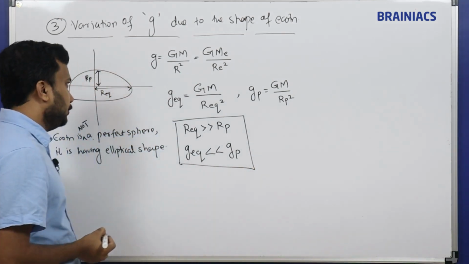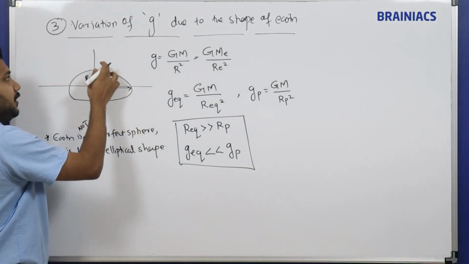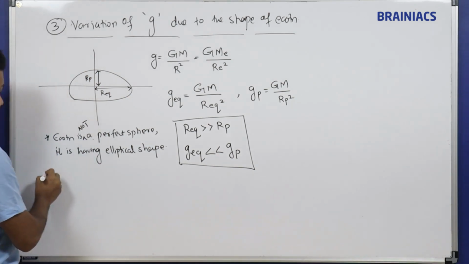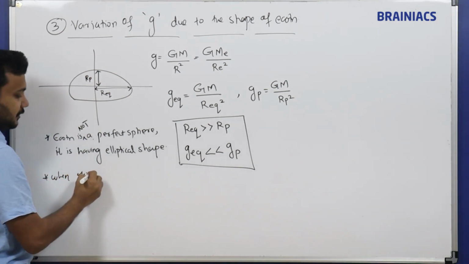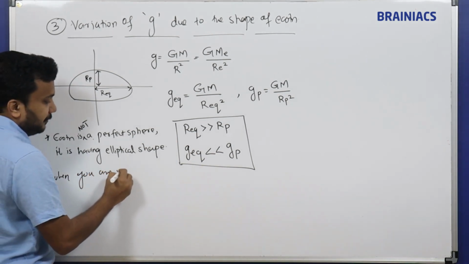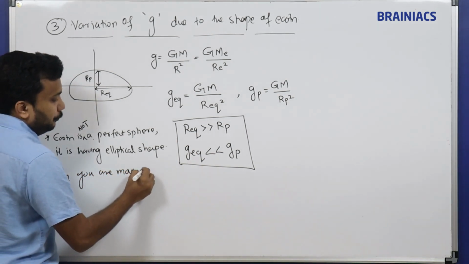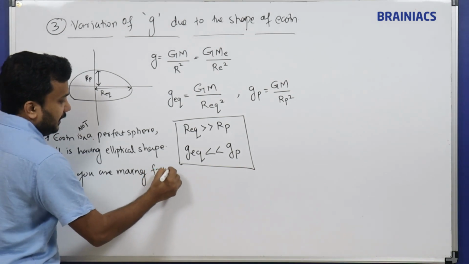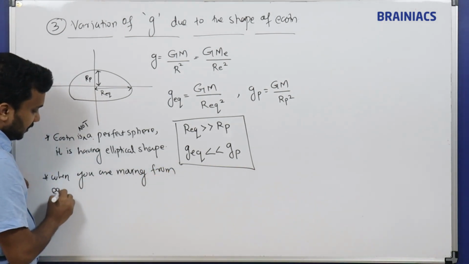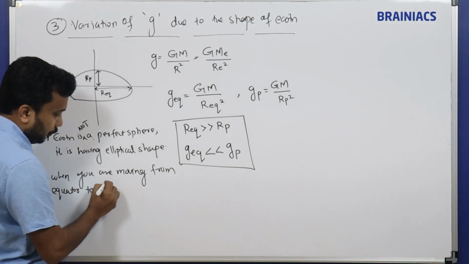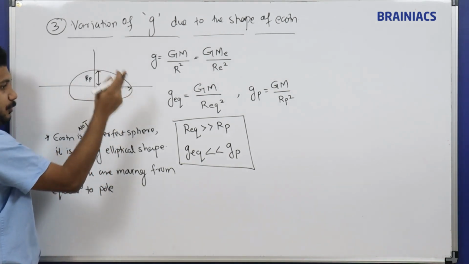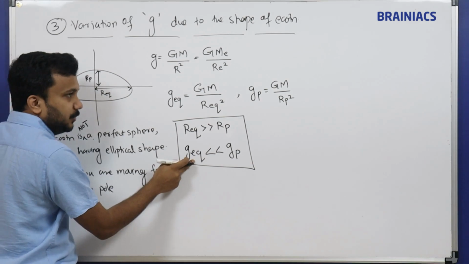So when you are moving from equator to pole, the question is, what happens to your weight? At the equator the acceleration due to gravity is lesser.